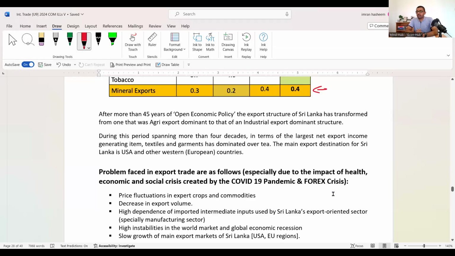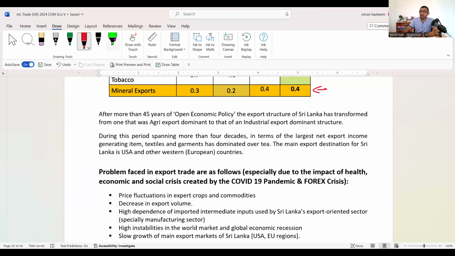It says, after more than 45 years of open economic policy, the export structure of Sri Lanka has transformed from one that is agri-export dominant to that of an industrial dominant export structure. Then it says, during this period, spanning more than 4 decades, in terms of the largest net export income generating item, textiles and garments.